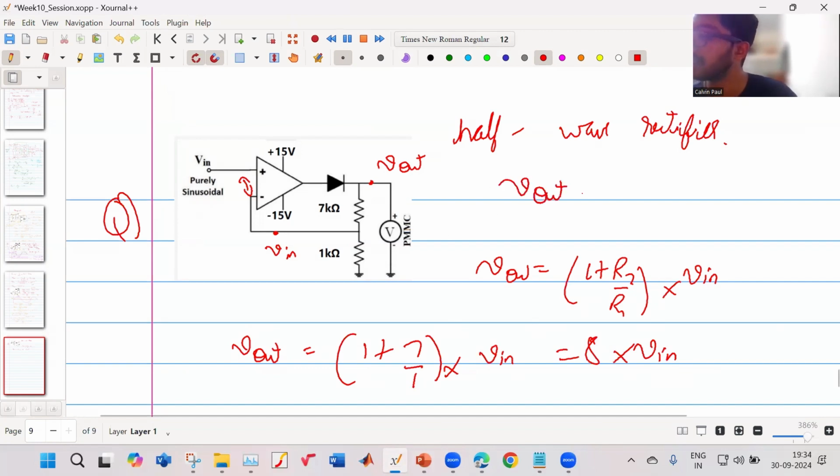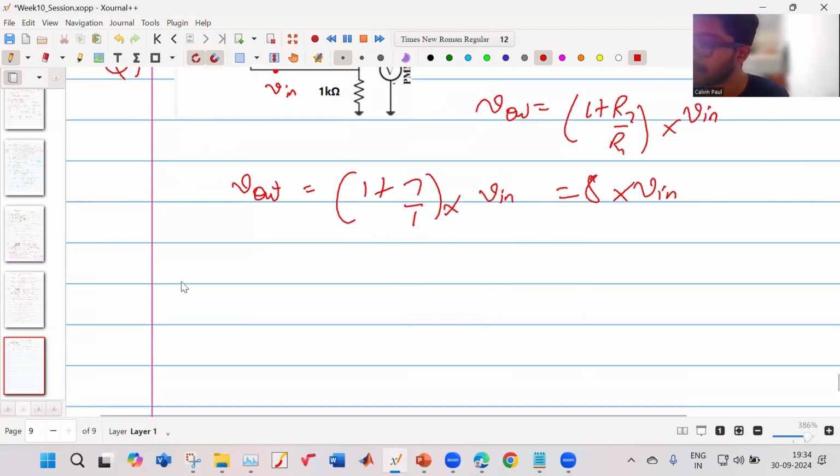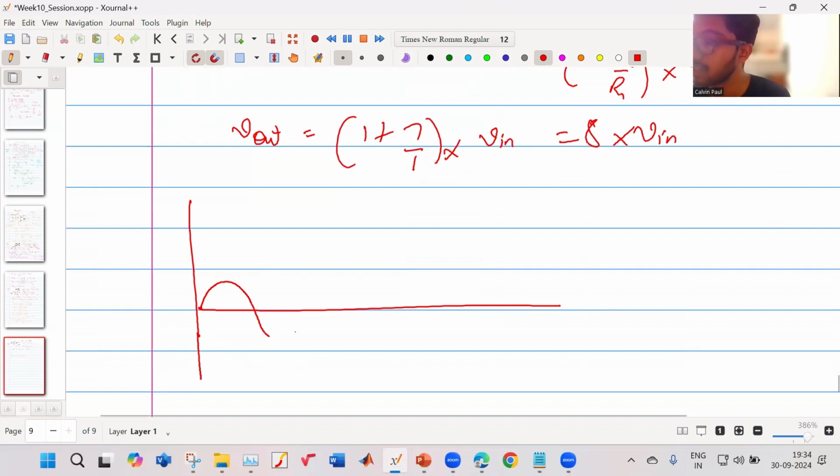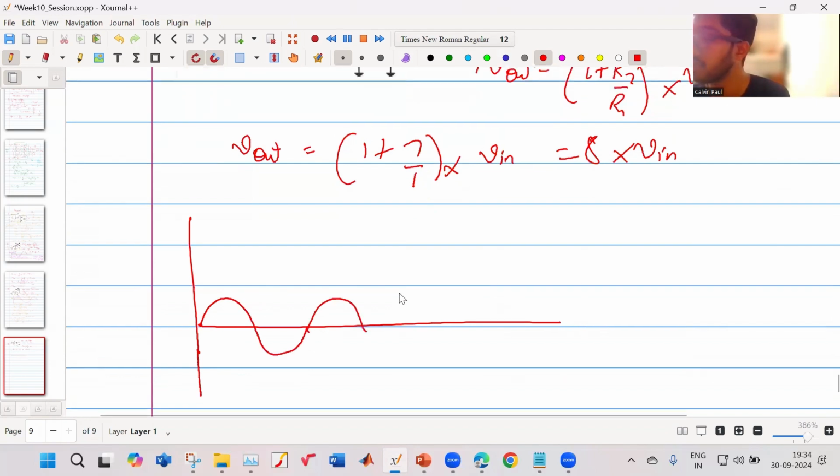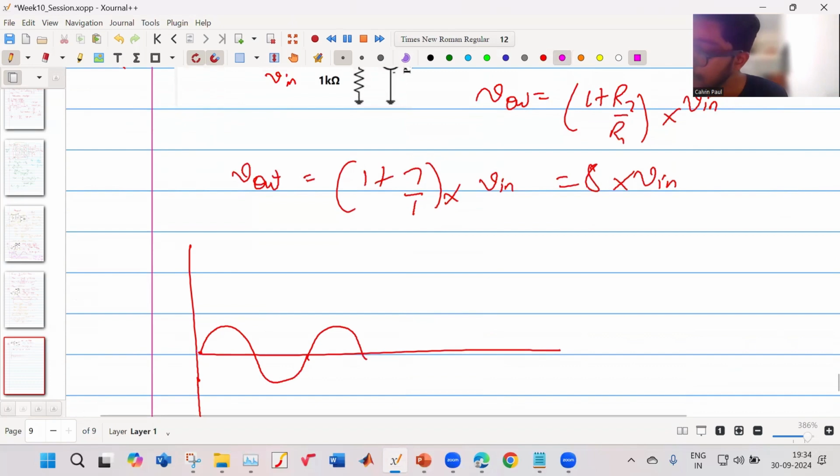Now your V out average, they are saying, is 0.5 volt. This is your input voltage. Your V out will be something like this, because it is 8 times. This is your V out, this is your V in, right? So it will have some peak.